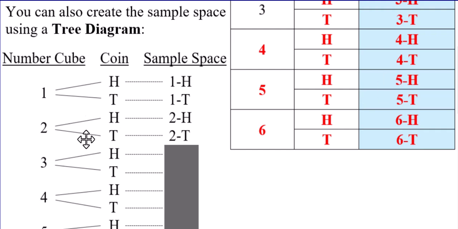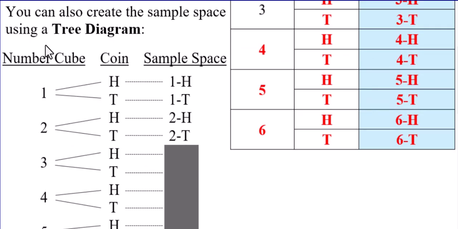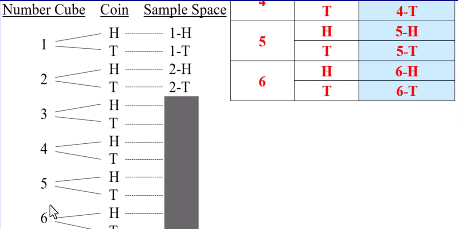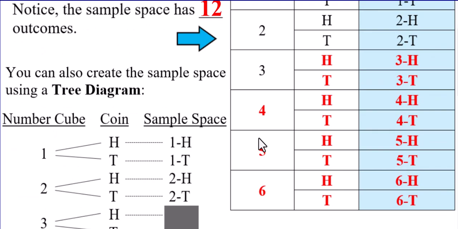But a tree diagram is really similar to what we did here. You start by listing the outcomes of the number cube, 1, 2, 3, 4, 5, 6, then the outcomes of the coin, but notice it branches out from each outcome of the number cube. So it's very repetitive, like you saw here in this table.